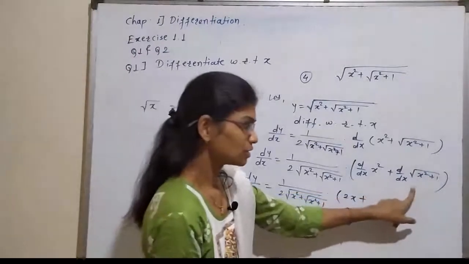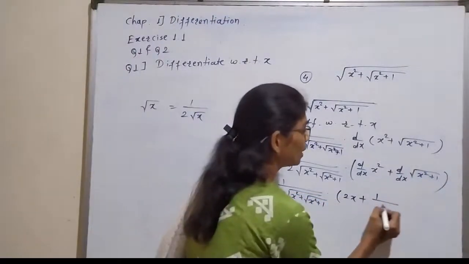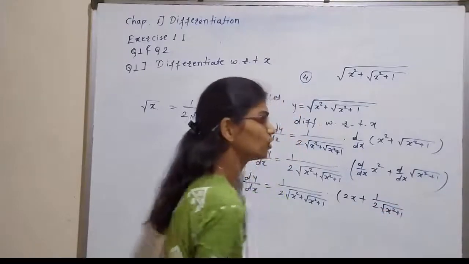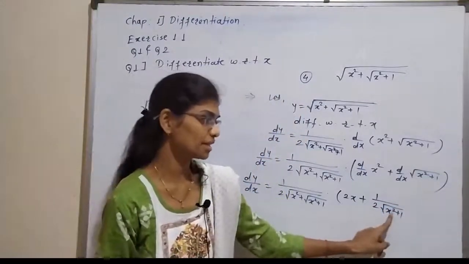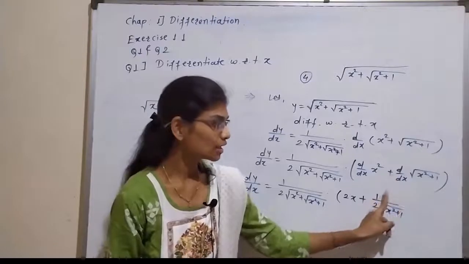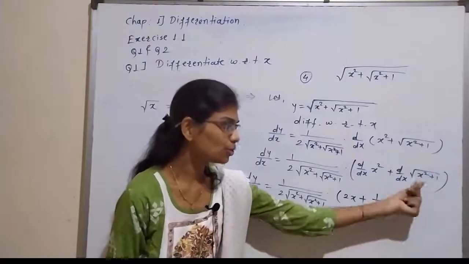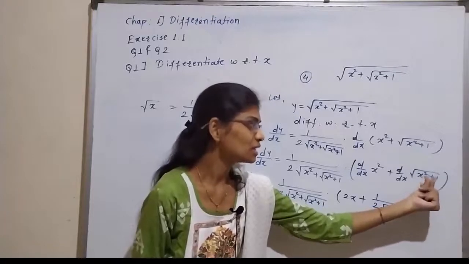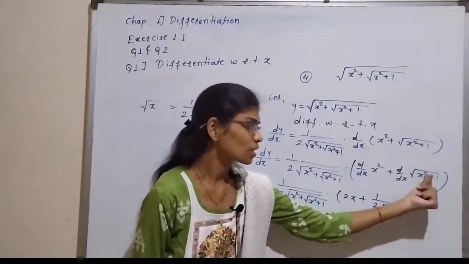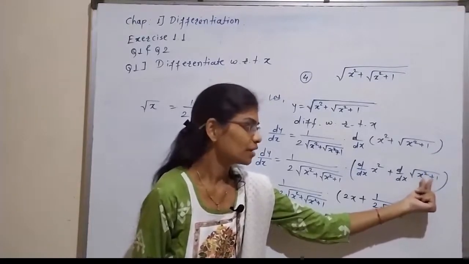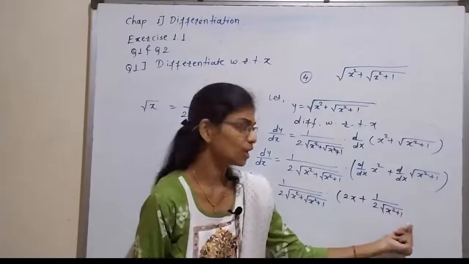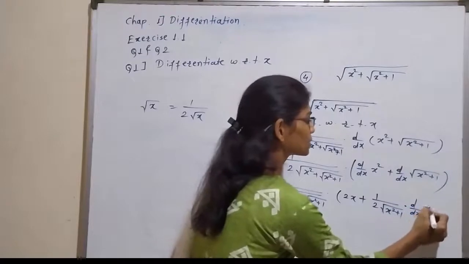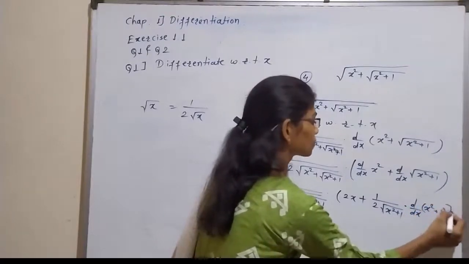By using this rule, 1 divided by 2 root of x, but the value of x is x square plus 1. The value of the function is x square plus 1. That is why 1 divided by 2 into root of the function, and that function is x square plus 1, multiplied by the derivative of x square plus 1.